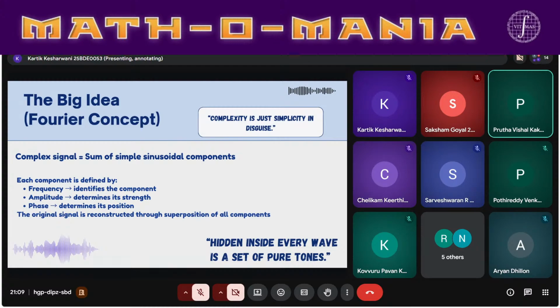Your ears hear the combination, but they don't separate the individual notes. Fourier analysis does exactly that. It acts like a tool that can take that complex sound and separate it into its individual frequency components. It tells us what frequencies are present and how strong each one is.